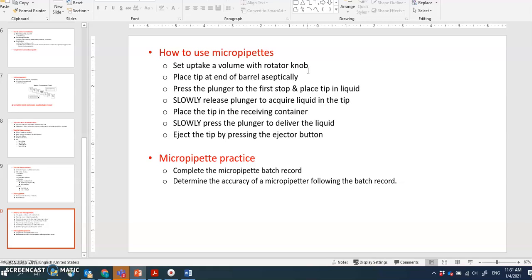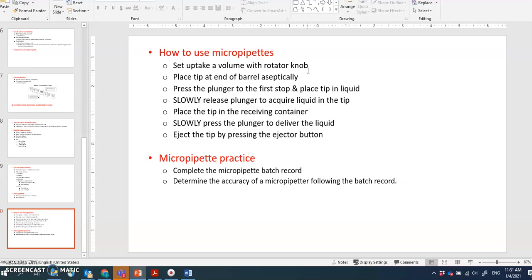And then once that's done, you have to press the plunger button to the first stop, and then keep your finger on that spot by continuously pressing the plunger button. But at this point you need to be careful. You don't want to press the button below that first resistance stop point, because if you press it further, the plunger will go down, but you're exceeding the volume that you are set at.